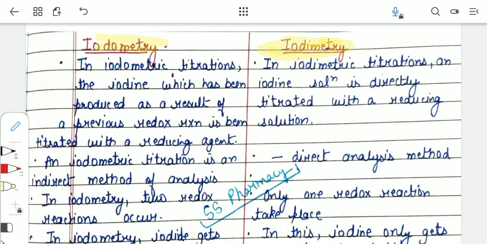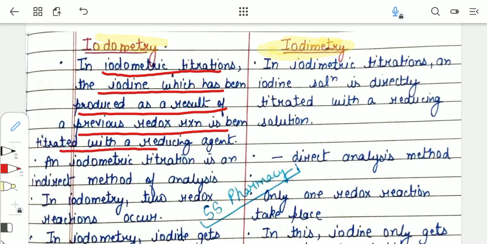So the first thing is that in iodometric titrations, the iodine which has been produced as a result of a previous redox reaction is being titrated with a reducing agent. So this is, you can say, a kind of principle of our iodometric titration, and you will understand this better only if you have firstly understood what exactly happens in iodometry and iodimetry.